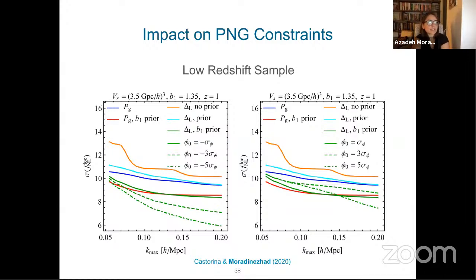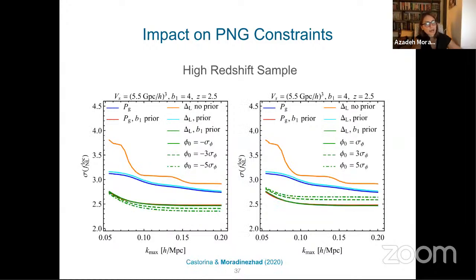But of course, as you can see, this sample corresponding to the DESI sample is less interesting to constrain FNL because of its low bias. Although you can make an improvement for the low bias sample, overall the high bias sample was a better candidate to constrain FNL.